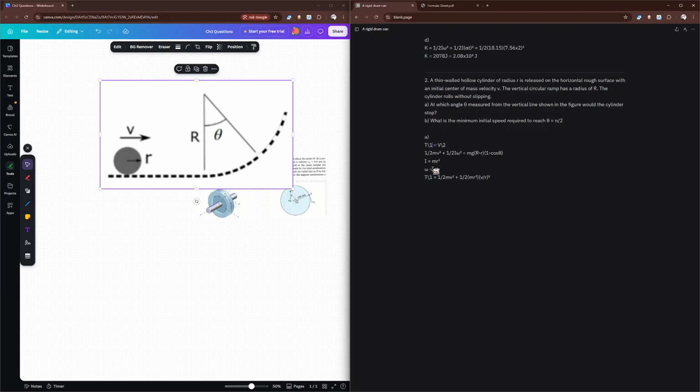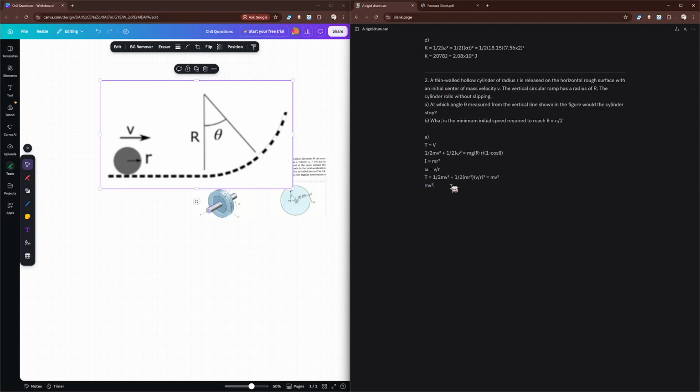I'm going to get rid of the subscripts here because these don't matter anymore. What do you notice? Well, r squared cancels with r squared, and now we have half mv squared plus half mv squared. So this is just equal to mv squared after simplification.